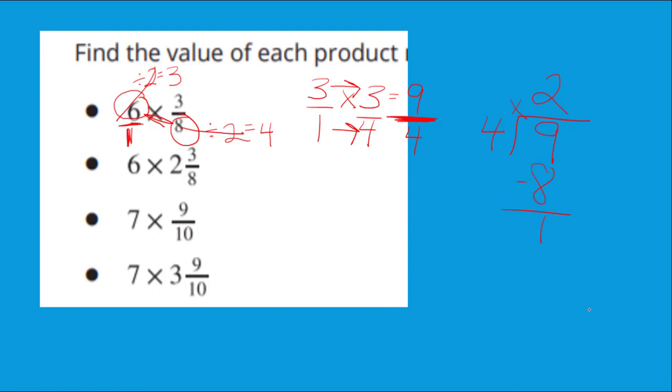Bring down. Nothing to bring down. So our answer would be, wholes get to sit on top of the house, 2. Left over, 1, goes over the denominator. So our answer is 2 and 1/4.